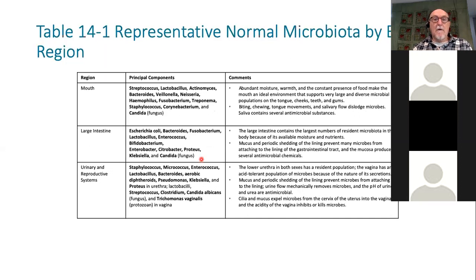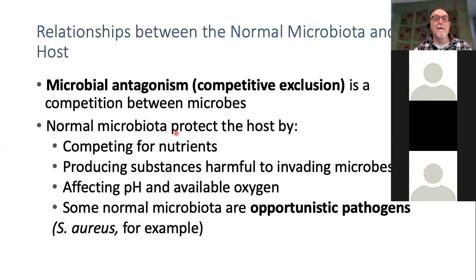So mouth has a huge population of bacteria. Large intestine and the small intestine, these have literally thousands of genera of bacteria present. You don't need to remember any of those names, just to be aware of the huge diversity of our microbiota.